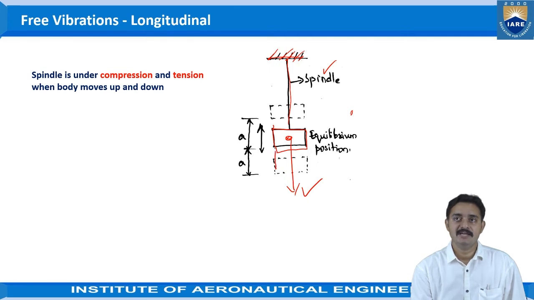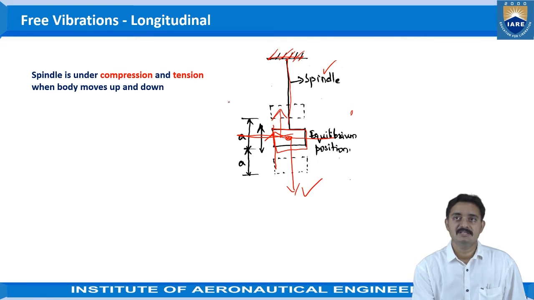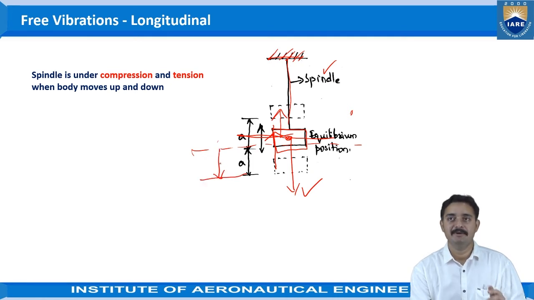Then it will again try to go to the mean position, which is called the equilibrium position, and it won't stop there itself. Because of the elastic property, it will try to move in the opposite direction to some extent. Let us say this is the equilibrium position, and we drag it till here, which is called the amplitude.